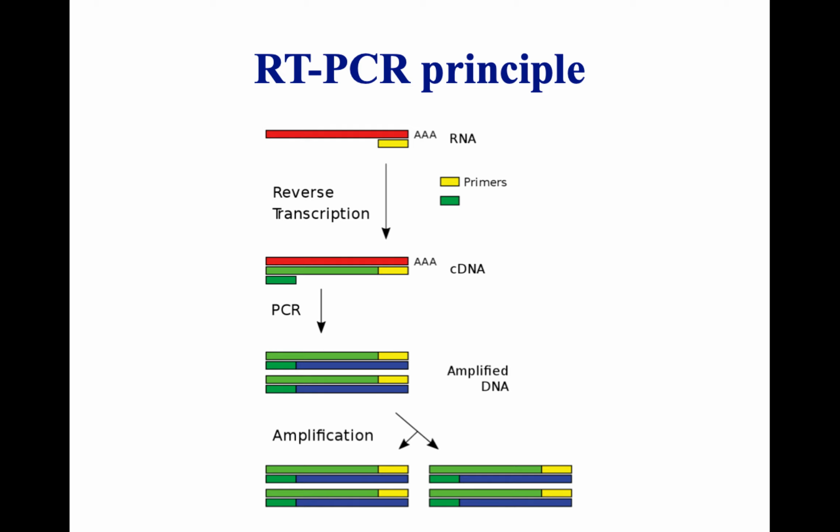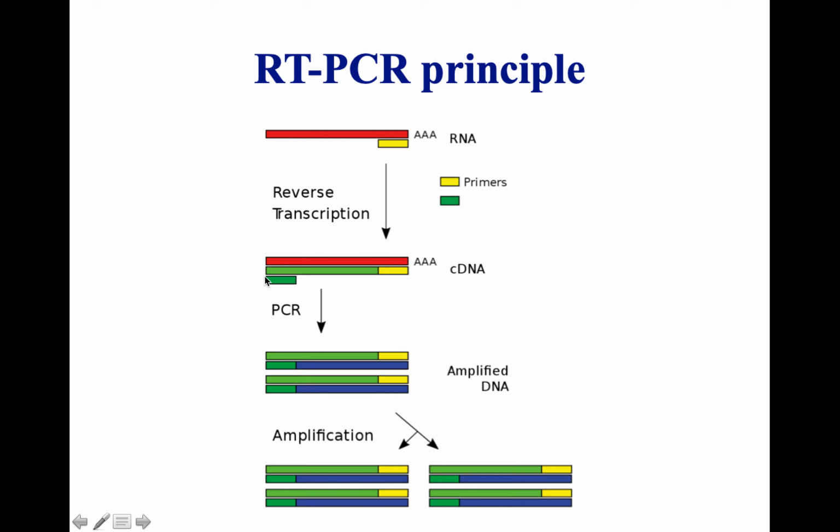Now we are going to discuss the principle of reverse transcriptase PCR. For this technique, we need to have RNA, so we need to isolate the RNA. Those RNAs undergo reverse transcription with the help of primers and the enzyme reverse transcriptase. The complementary DNA strands are synthesized from the RNA strand using the reverse transcriptase enzyme and the primer.